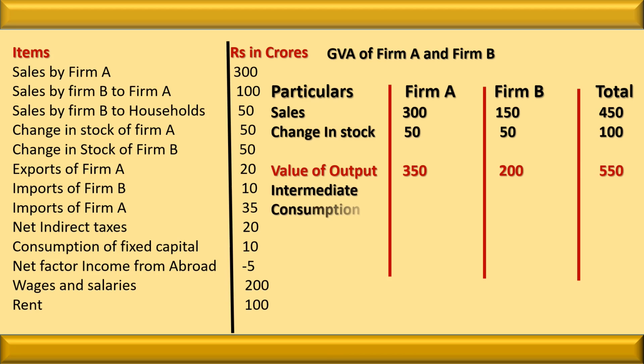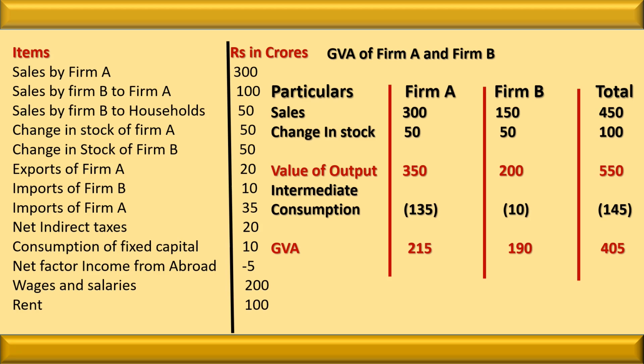We have to deduct intermediate consumption. In the case of the intermediate consumption, for the firm A, the intermediate consumption, that is purchase, is 100 plus 35, 135. For the firm B, intermediate consumption is, we can see over here, 10. Total is 145. So GVA will become 215, 190.